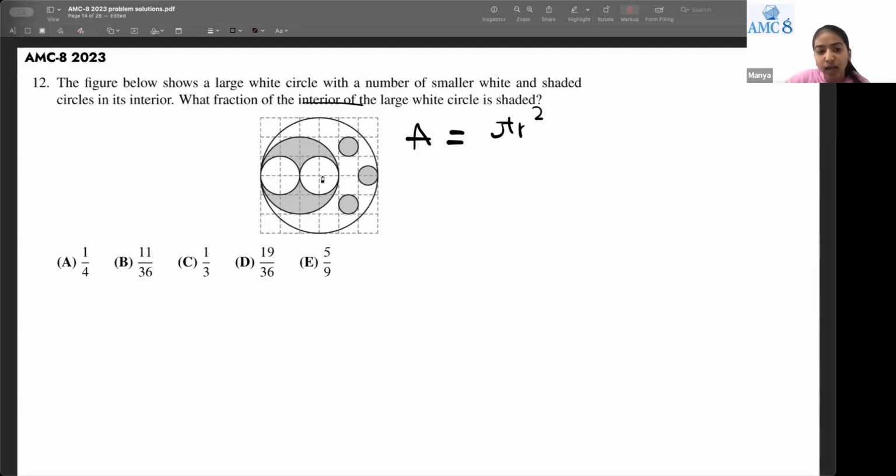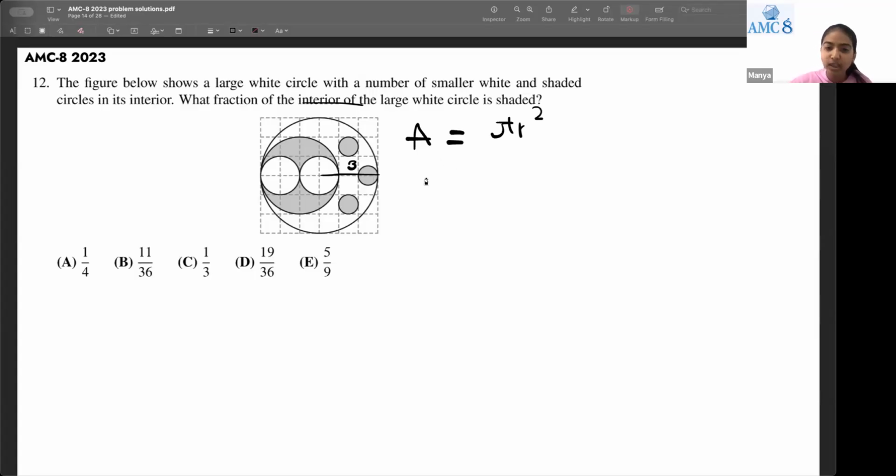And for the area of that, we know that the diameter would be equal to, well, 1, 2, 3, 4, 5, 6. And we know that half of the diameter is the radius. So half of the diameter is just 3. So the radius would be 3 here.